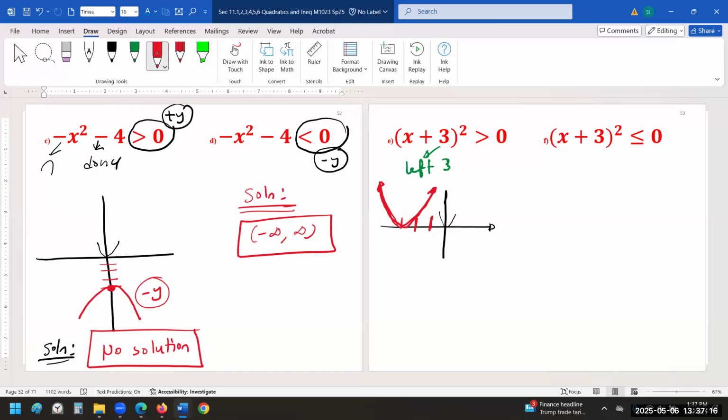Left, right, they don't follow the direction. Plus should go right, but it goes left. Minus should go left, but it goes right. Opposite. Left, right is opposite, but up, down is the same.